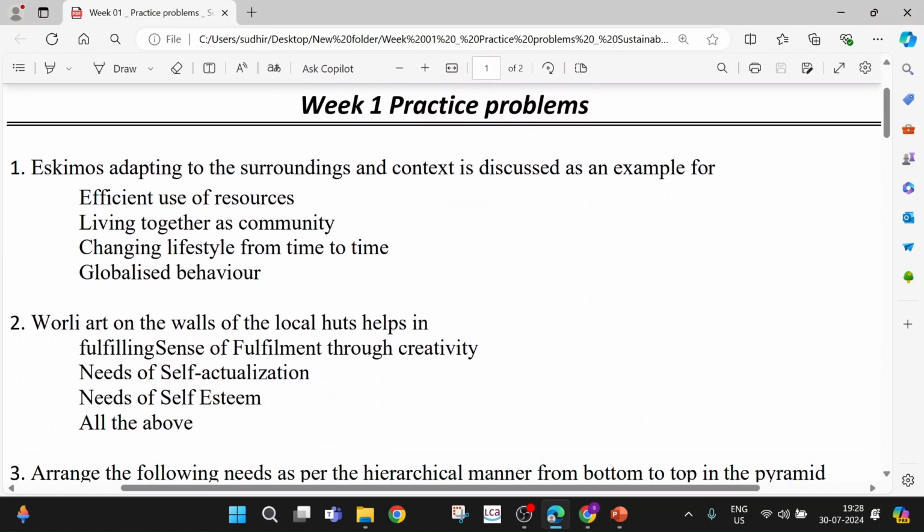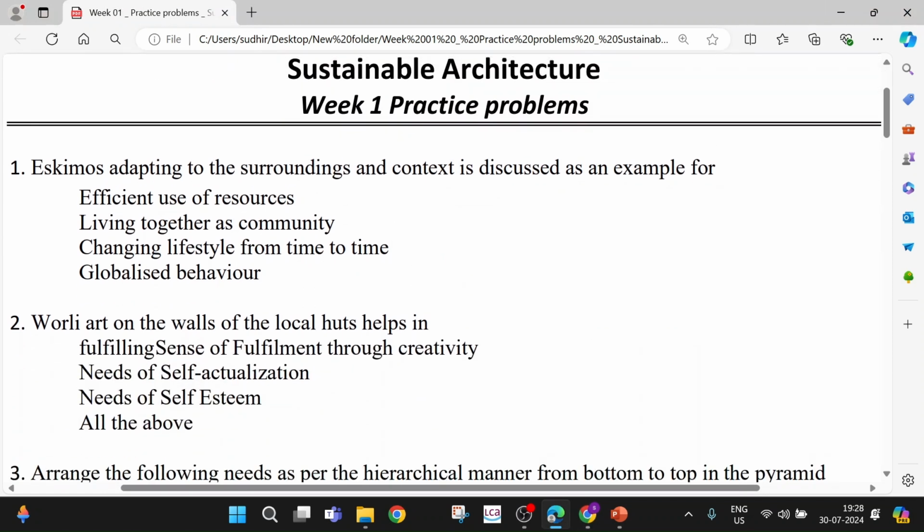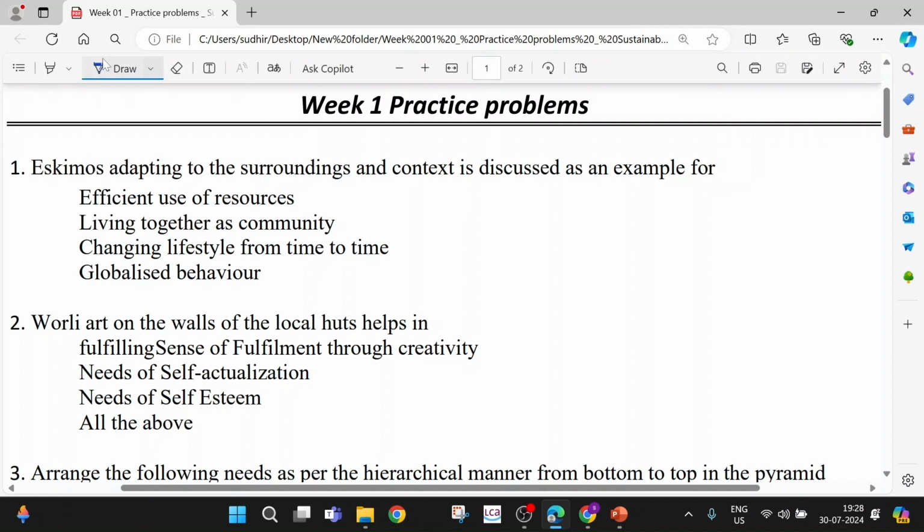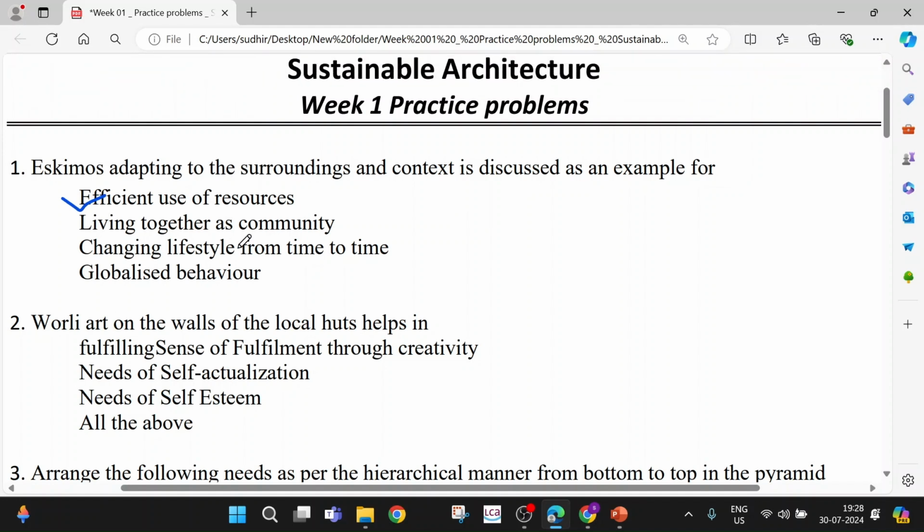Here is question second, and this one I think I can mark also. It's D, all of the above. The art discussion was also done very well, so based on your understanding, give answer.